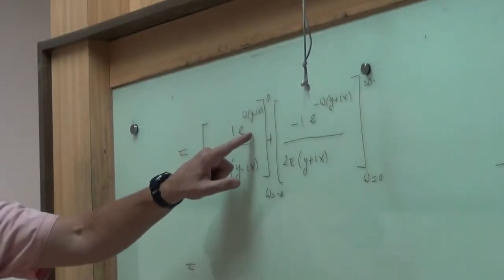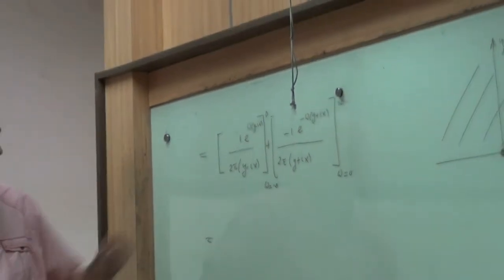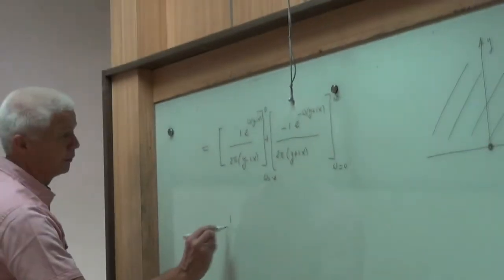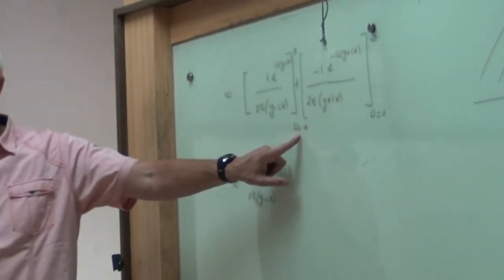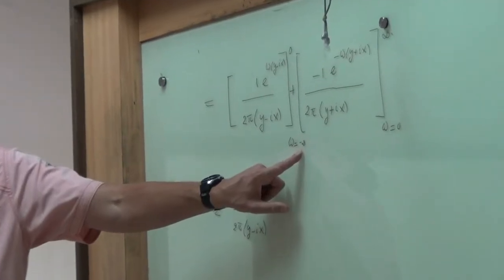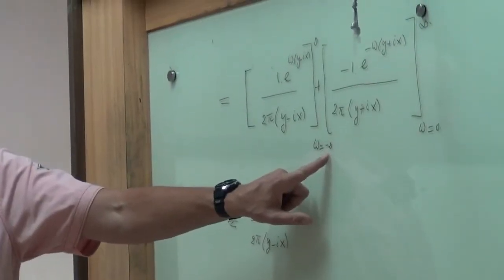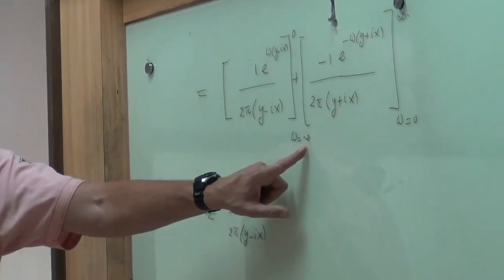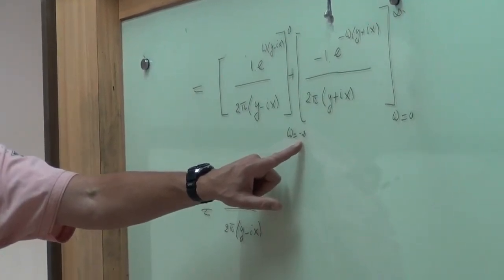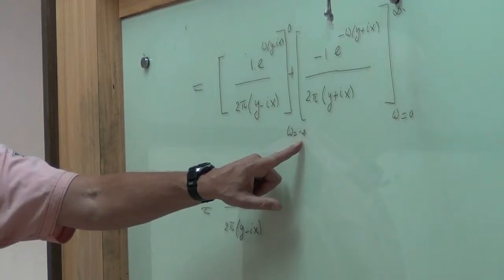Substituting the upper bound omega 0, this gives me 1. So I get 1 over 2 pi times y minus ix. And if I substitute omega is minus infinity, what is the outcome? Is it 0? Why is it 0?